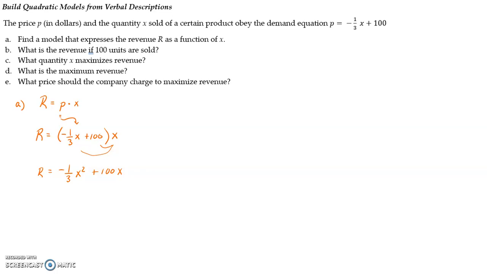Let's take a look at part B. We want to know what the revenue is if we sell 100 units. Now keep in mind that's going to represent our X value, so we can actually use our equation here from part A. We want to calculate R of 100.